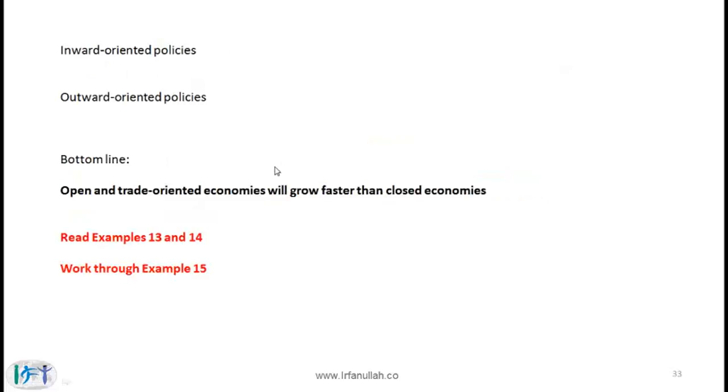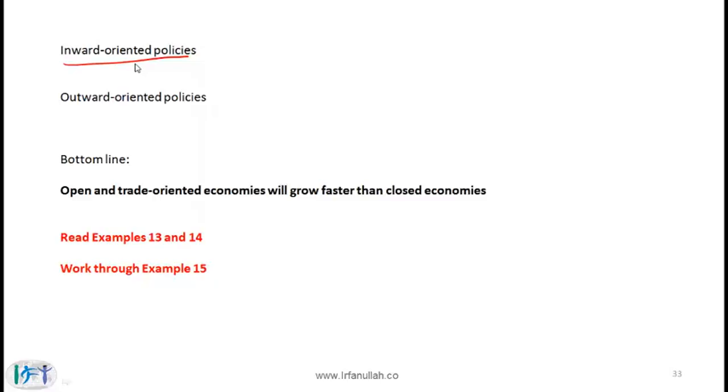Now, even though there is immense evidence that open trade policies allowing free movement of capital is good for economic development, yet several countries, and two prime examples that are given in the curriculum are Venezuela and Argentina, have over the last few decades followed what's called inward oriented policies.